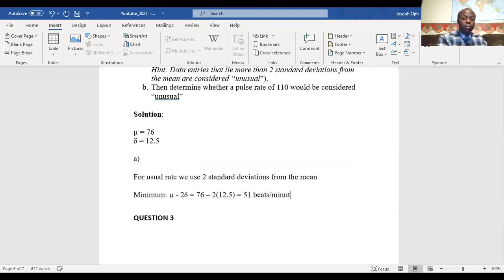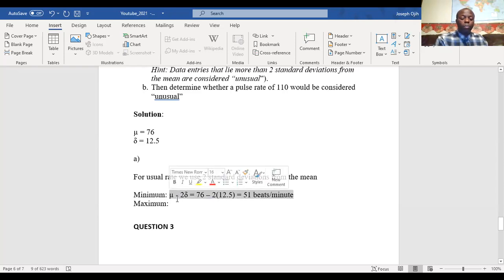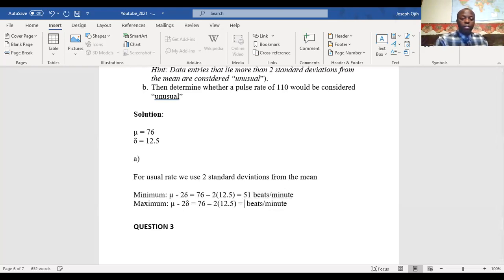And the maximum is going to be the same thing, but we just have to change the minus sign to a plus sign. So let me just copy it. It's right here. I'm going to clean this. So we change this to a plus sign.